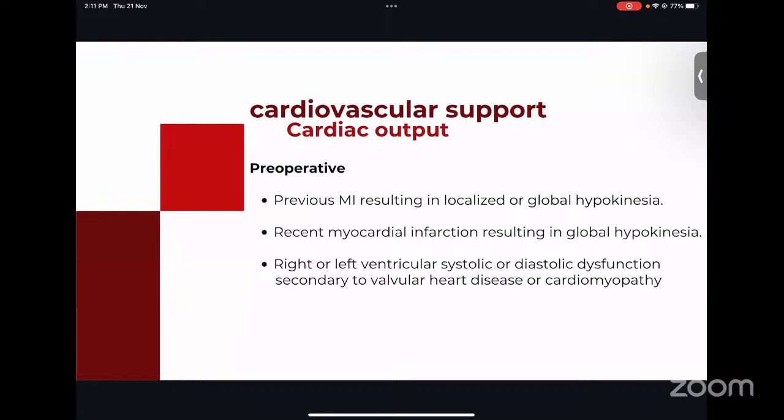Starting with the preoperative causes of low cardiac output, the first cause is a previous myocardial infarction causing localized hypokinesia, or a recent myocardial infarction resulting in global hypokinesia, and right or left ventricular systolic or diastolic dysfunction secondary to valvular heart disease or cardiomyopathy.